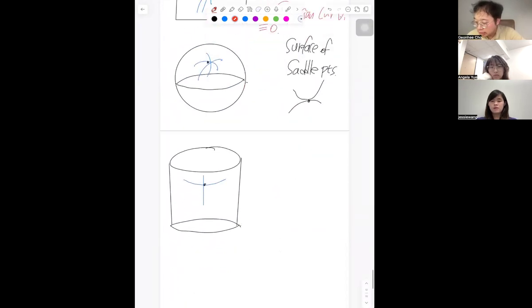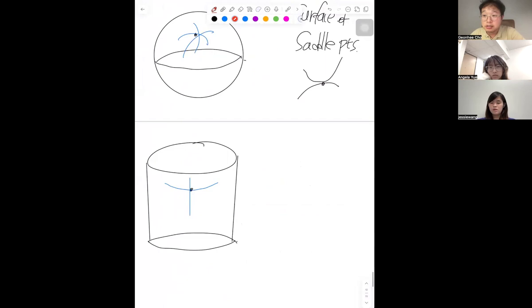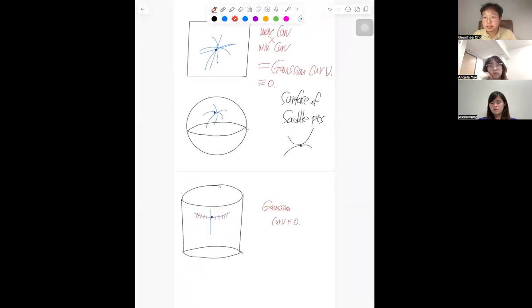And as I already explained, for the cylinder, even though along this part of the curve the curvature seems non-zero, it also contains a straight line. So if you multiply these two, because we multiply by zero, the Gaussian curvature is still zero. Is that okay with you? And as I explained before, if the curvature values are the same, in fact those two are the same surfaces.